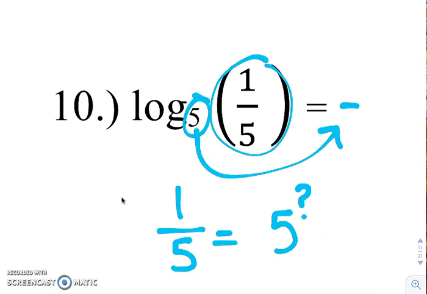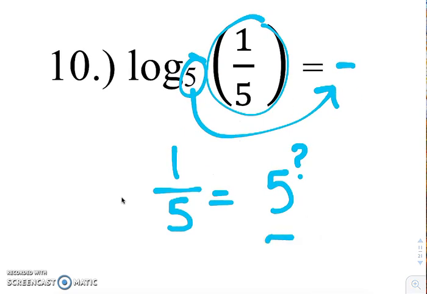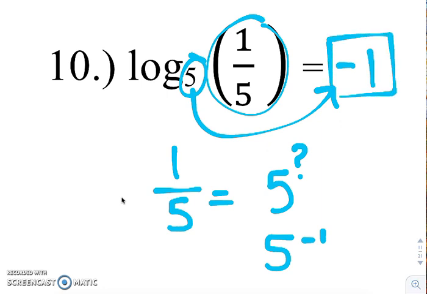So if we think about this, 5 to what power is 5? To the first, right? But for it to be in the denominator, that means that exponent had to have been negative. So 5 to the negative first would move that 5 to the bottom, and you put the 1 in the top of your fraction. So negative 1.